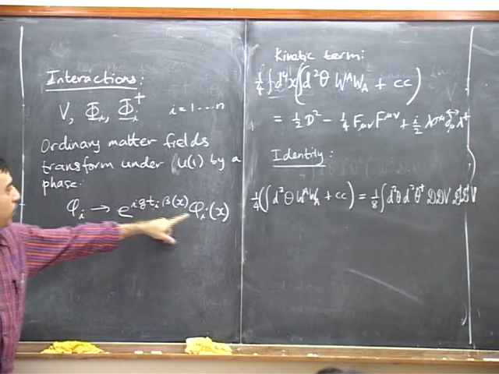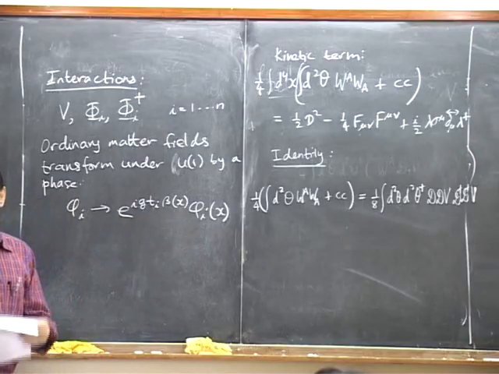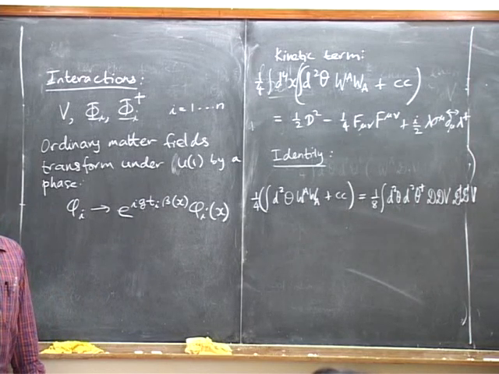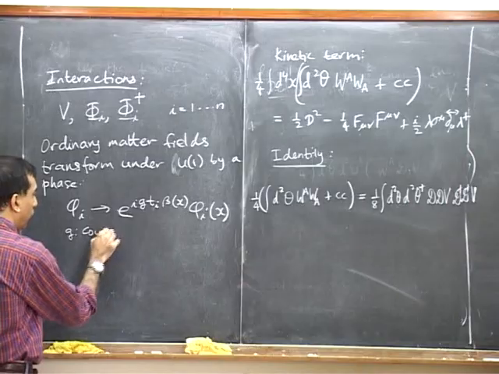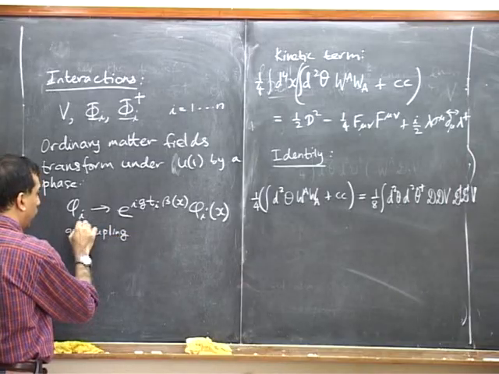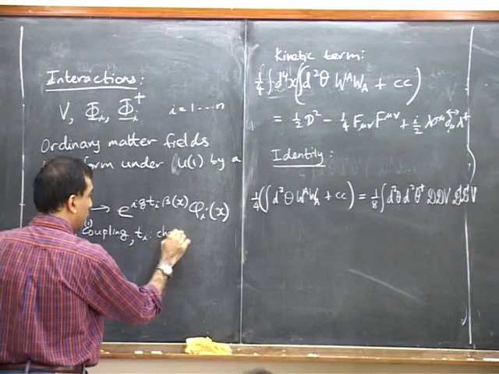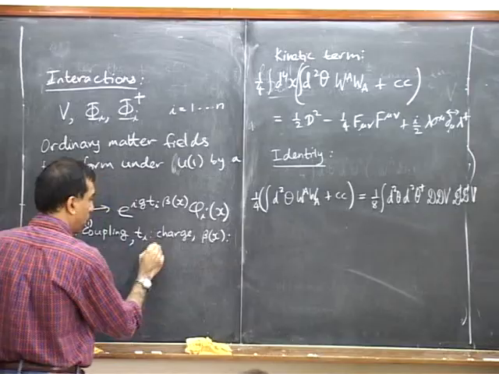And here whatever t is for phi, it will obviously be minus of that for phi star, by complex conjugating this equation. And beta of x is the arbitrary gauge parameter. So, g is the coupling, t_i the charge in units of coupling, and beta of x the gauge parameter.